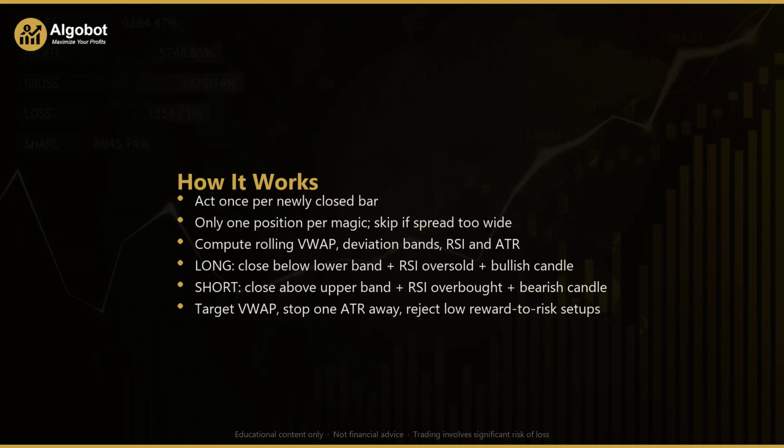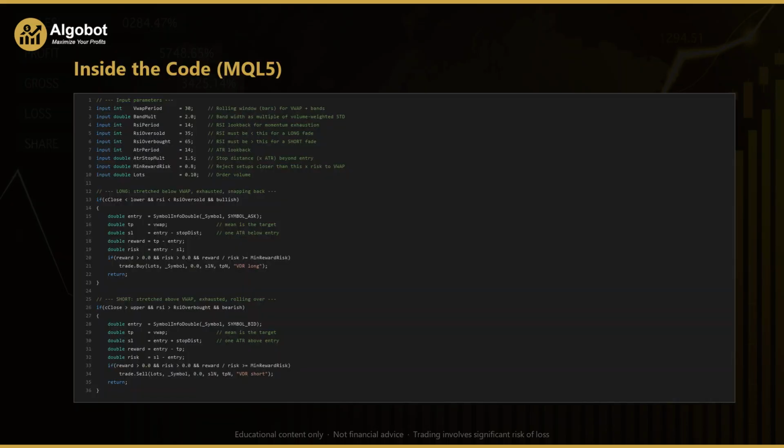Before committing, the EA measures the distance from the entry to the VWAP target against the distance to the stop. If that reward to risk ratio falls below the minimum setting, the setup is rejected as not worth the risk. This keeps the strategy selective and disciplined, and it means that when price has already drifted close to VWAP, the EA simply stands aside.